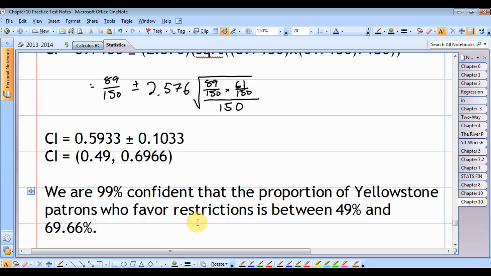It definitely supports it, right? Because your entire interval is above 50%. Compare that with this one. The entire interval is not above 50%. So there is a chance that the actual proportion of people is below 50%. This interval supports 68% just as well as it supports 49.5%.